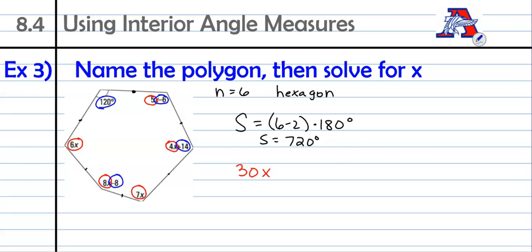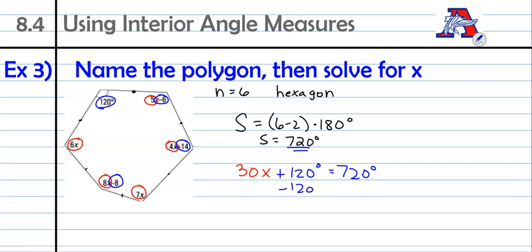So if you double check that, we have a negative 8 plus a negative 6 is negative 14, plus 14 is 0. So really we just have that 120 that we started with. So that looks good. Okay, and altogether, that should equal 720 degrees. So all of our angles with our variables and our constants should add up to 720.